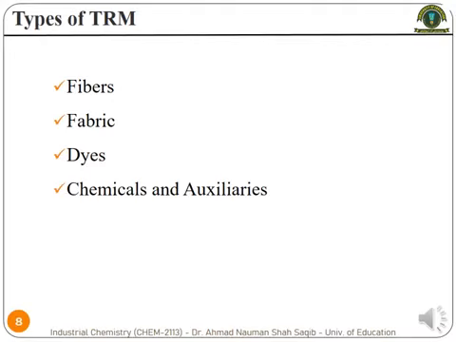The selection of raw materials is a very important step in any textile industry everywhere in the world. And when we talk about the categories of different kinds of raw materials, broadly speaking we divide the textile raw materials into 4 different categories.